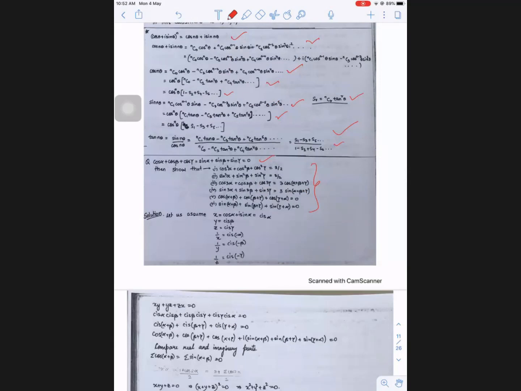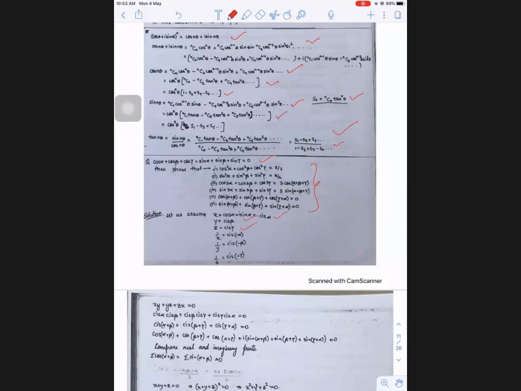So here, let's see the proof of these results one by one. Assume x equal to cis alpha, y equal to cis beta, z equal to cis gamma. If you take these three, is the voice reaching? Yes, sir. So x equal to cis alpha, y equal to cis beta, z equal to cis gamma.